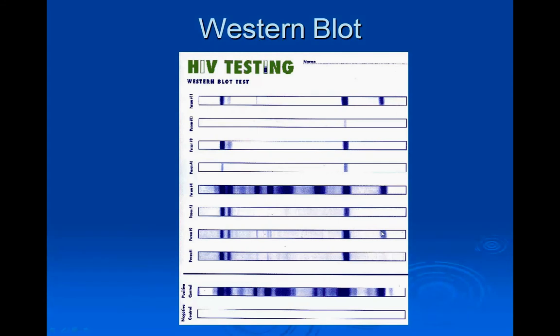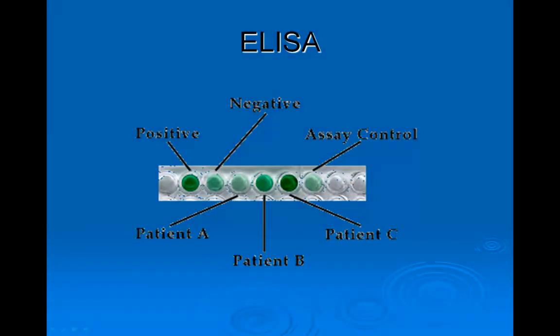Western blot is another way to screen for those same sorts of things that ELISA could test for. Western blot is also an antigen antibody test. So when I go to donate blood, they take some of my blood and they do testing for things like HIV. They test for common viral organisms. They want to try and make sure that my blood is safe.